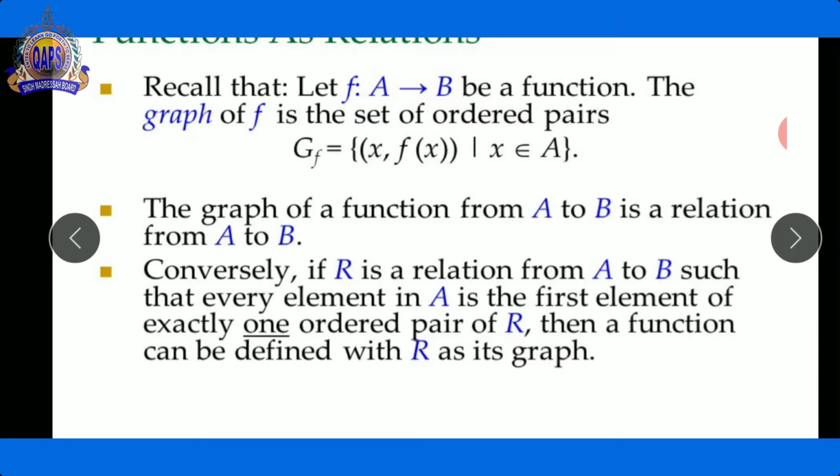Now the same here, we can say that in a function, every input works like this. For example, we are using our mobile phone.